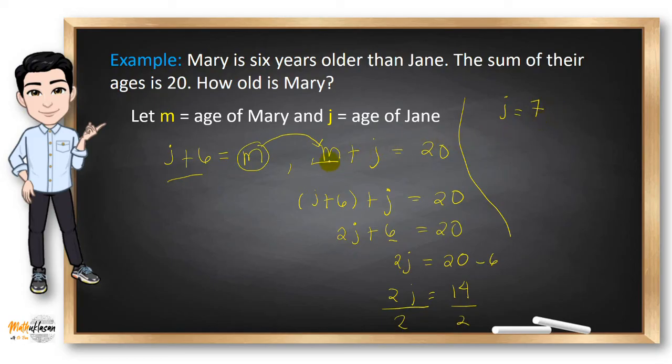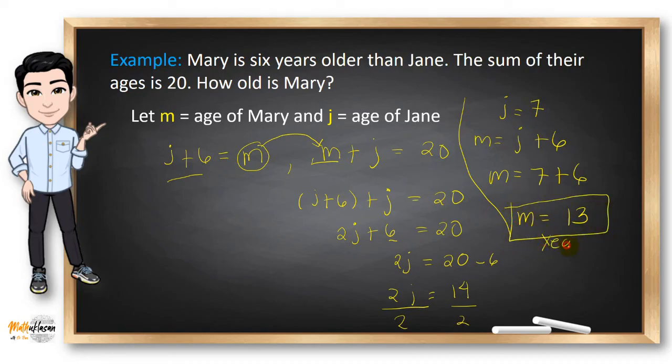How about Mary? So if Mary has an age which is 6 more than Jane, and we already solved for J, M is 7 plus 6. So the age of Mary is 13 years old.